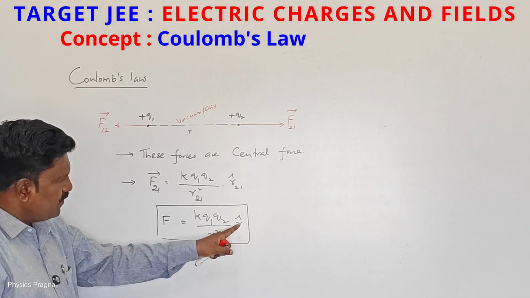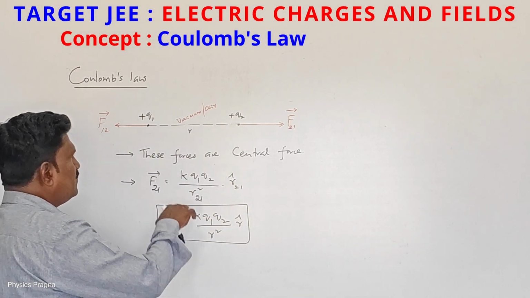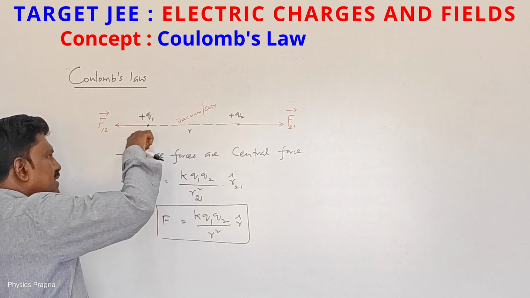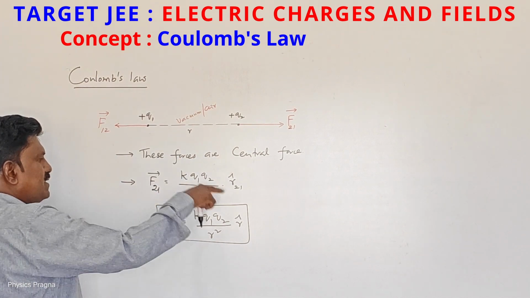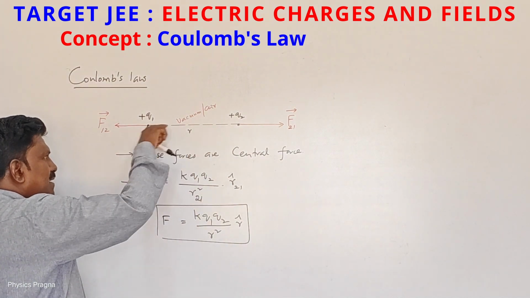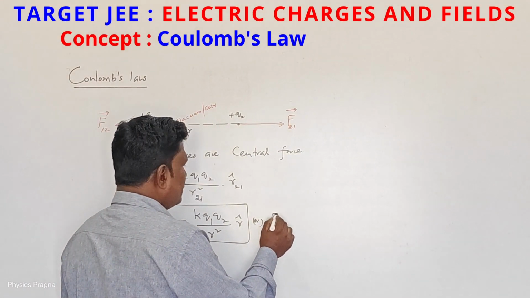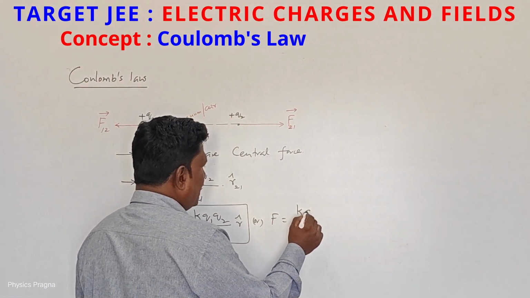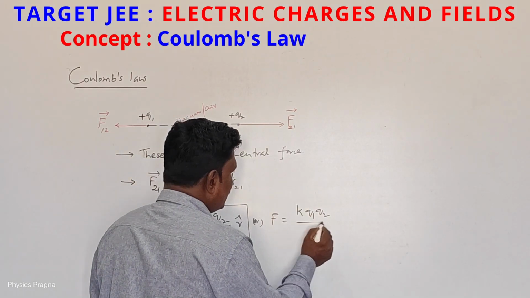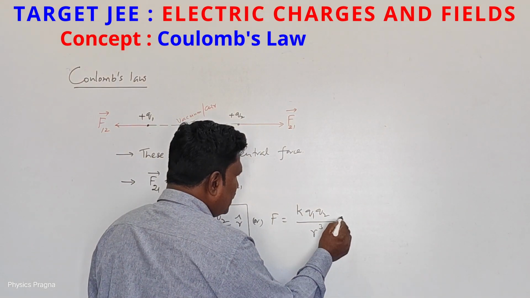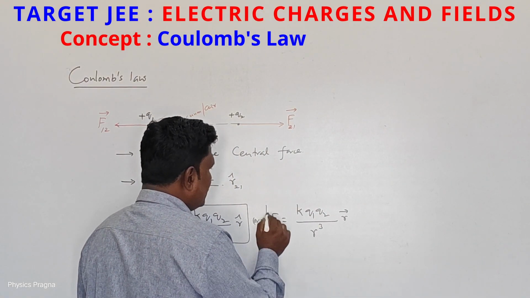If you want to write R bar here, see, this force is along the line joining the two charges. That is the meaning of this R cap. This is along the R bar direction. So we can also write F is equal to K Q1 Q2 by R cube into R bar.